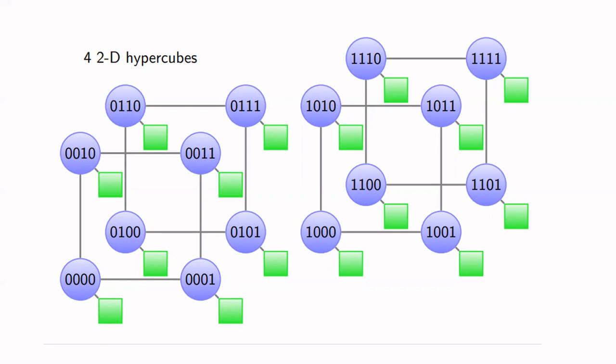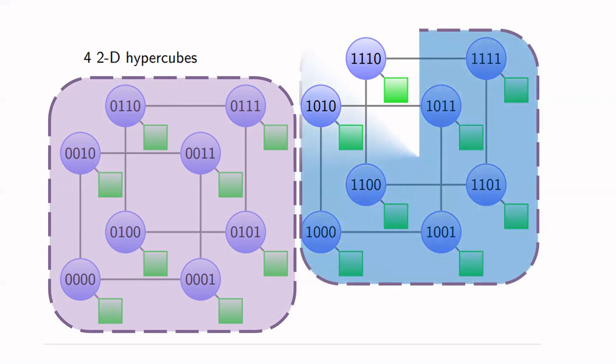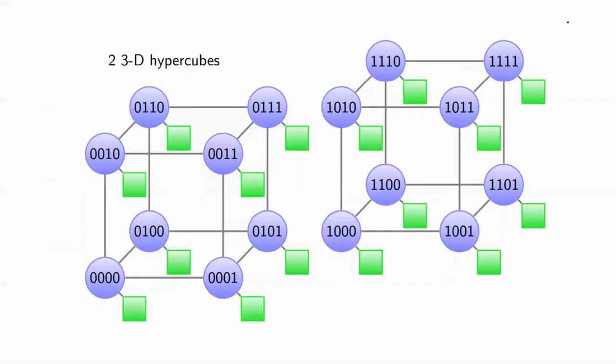Now in the next phase, we are trying to make cubes out of these planes. So we have 2 three-dimensional hypercubes.